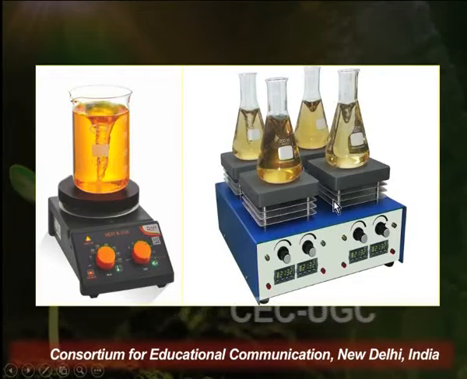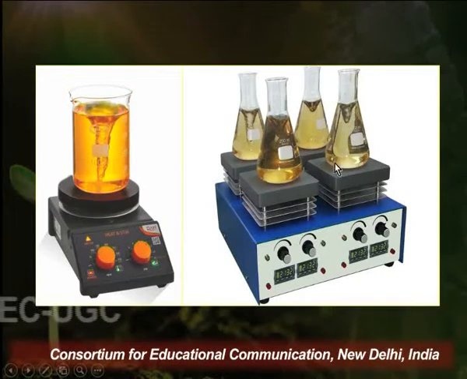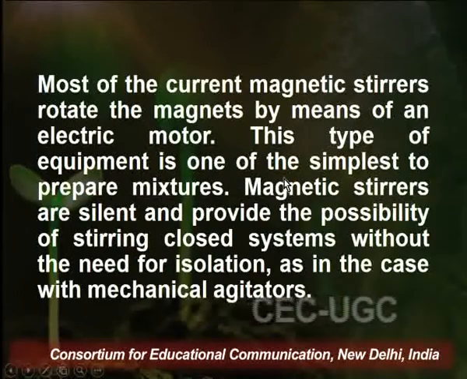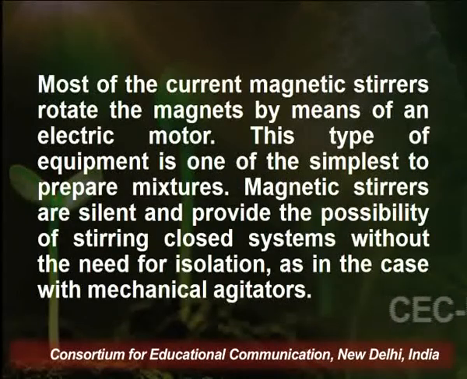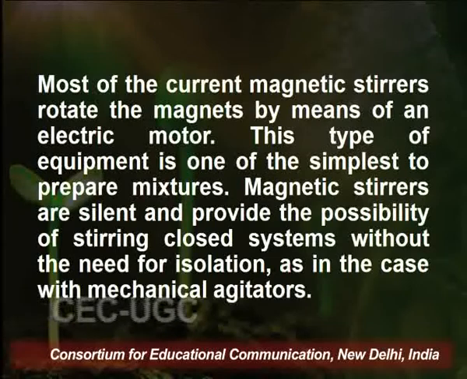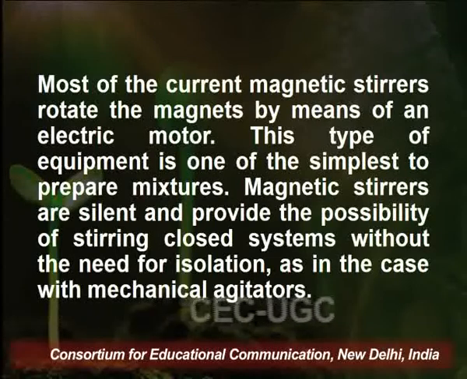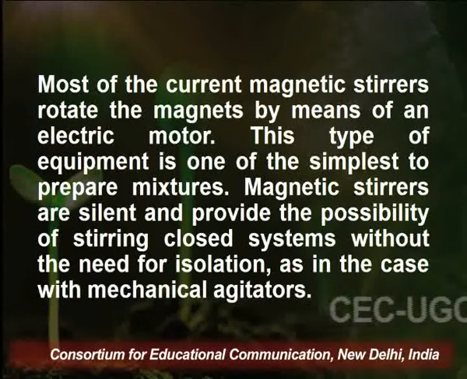There are certain magnetic stirrers which can have multiple platforms, so multiple samples can be mixed simultaneously at the same time. Most of the current magnetic stirrers rotate the magnets by means of an electric motor. This type of equipment is one of the simplest to prepare mixtures.